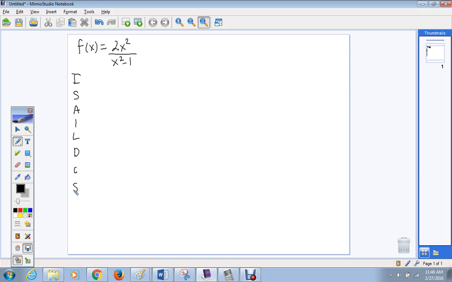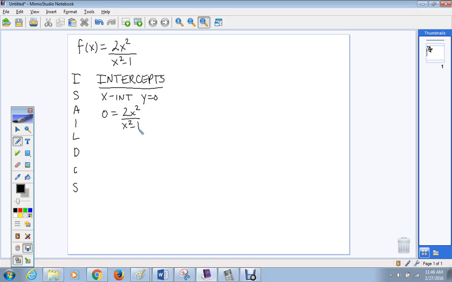So the first I represents our intercepts. So to find our x-intercepts, we would let y equal 0. So we'd have 0 equals 2x squared divided by x squared minus 1.